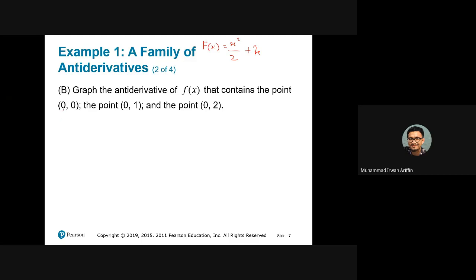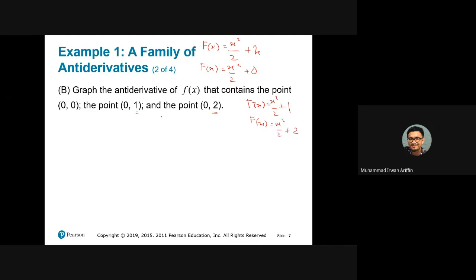The function that passes through the origin would be f(x) equals x squared divided by 2 plus 0, because 0 would be the y-intercept. For this one, it will be f(x) equals x squared over 2 plus 1. And for this, we have x squared divided by 2 plus 2.